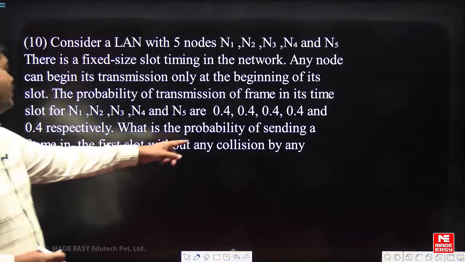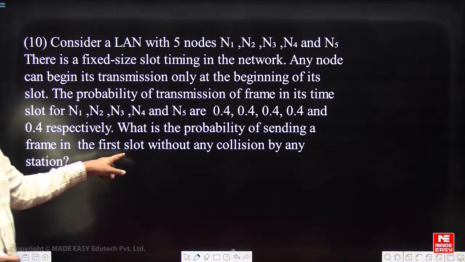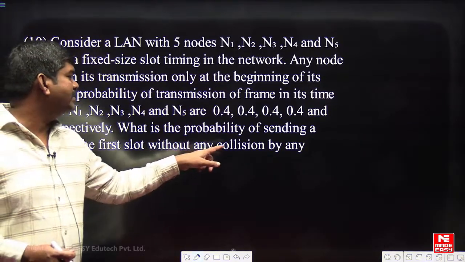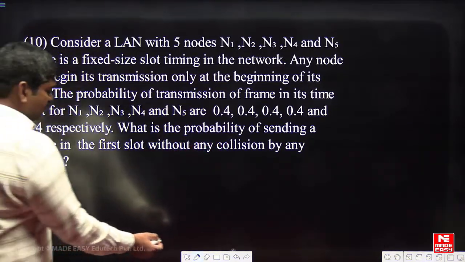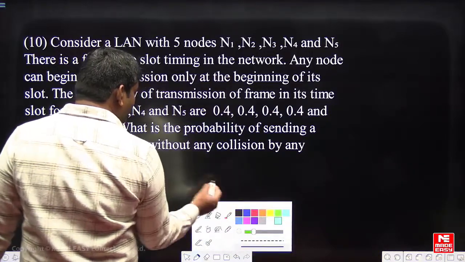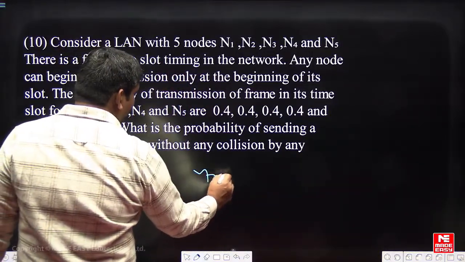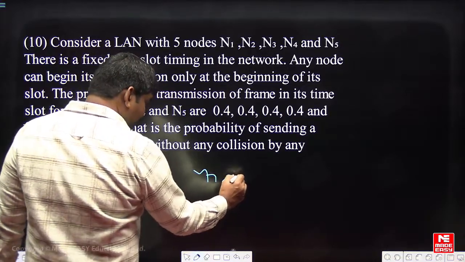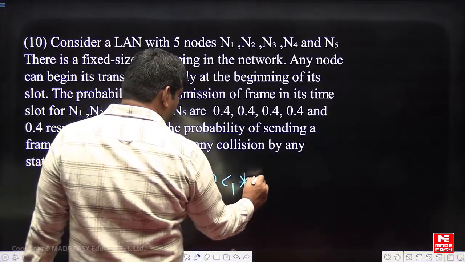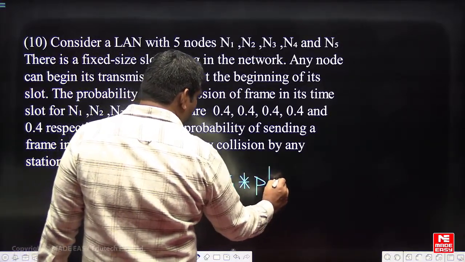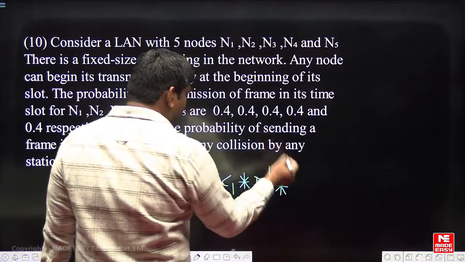See, what is the probability of sending a frame in the first slot without any collision by any station? Any station means it can be any station, first station or second station. Then what is the formula you can apply? NC1 into P power 1, the probability of transmitting by only one station.